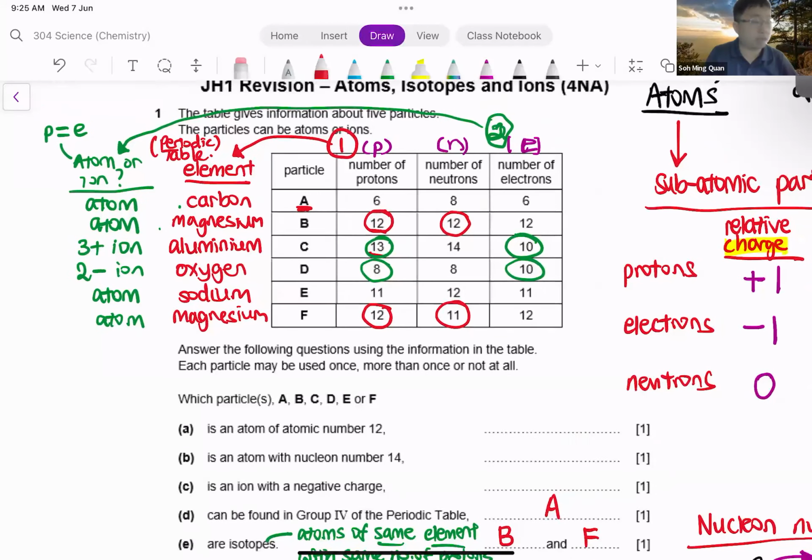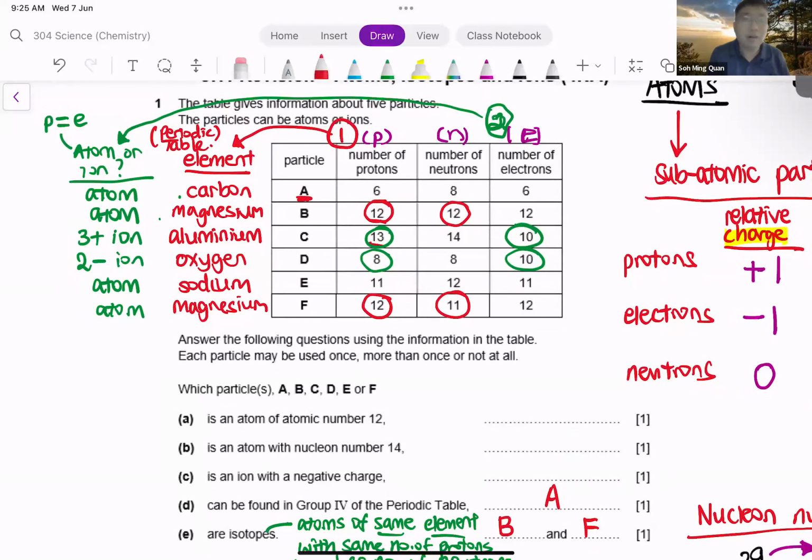Once you have written out the atom or ion, once you have written out the charge as well, the answer to the rest of the questions is obvious. Part C, for example, which particle is an ion with a negative charge? If you look at the list that you've just written, which one is an ion and which one is a negative charge? The answer is oxygen ion, right? The oxide ion, which is D.